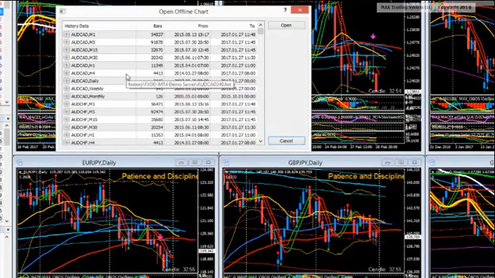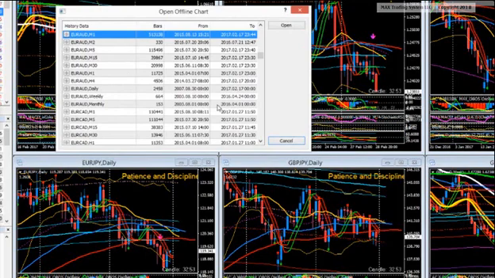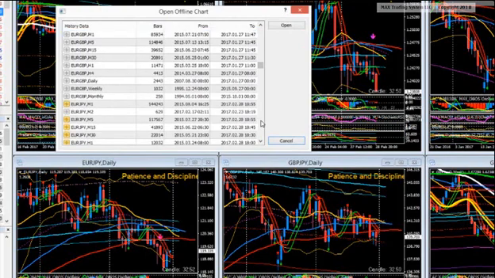And so we look for the euro, I think it was the euro US dollar. Yeah, euro US dollar. And we should find normally something called H8 here. You see? H8.